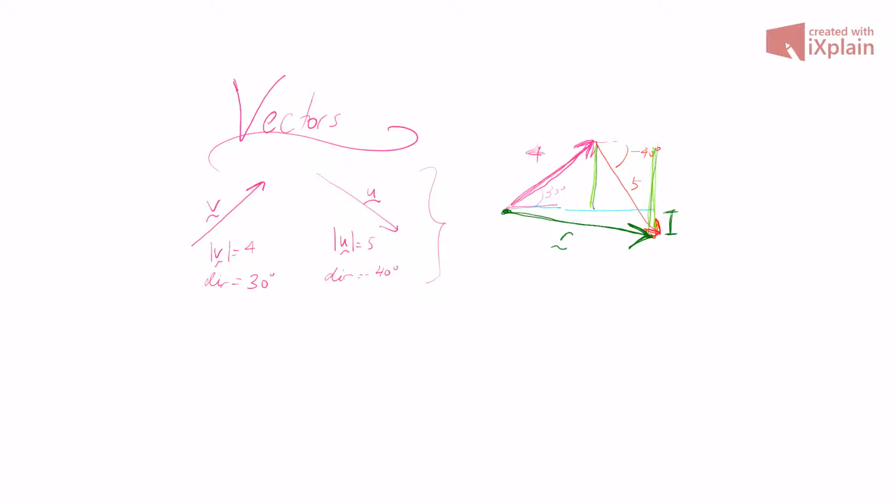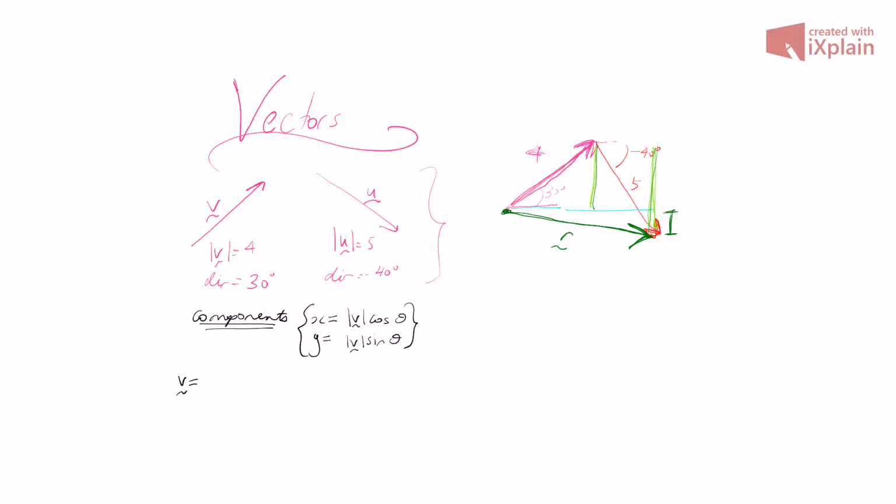To be able to do it algebraically, remember we have to find the components of each. The x component is equal to the magnitude of the vector, I'll just use V for an example, times cos of the angle, and the y is equal to the magnitude of the vector times sine of the angle. Okay, that's the general thing. So if I start with V, we look at the i direction.